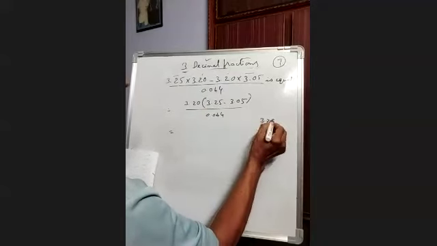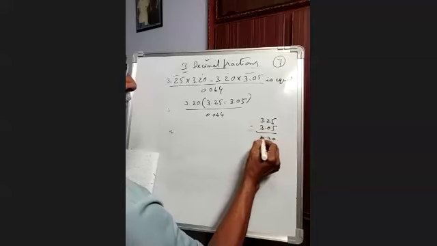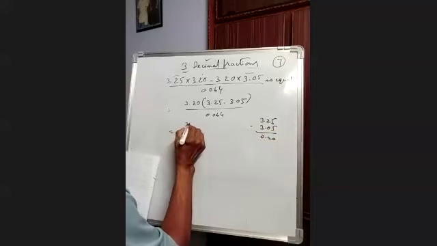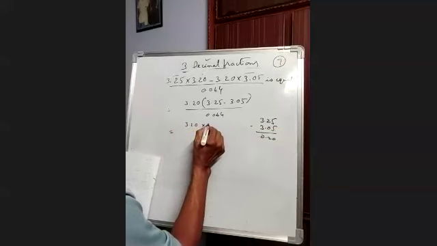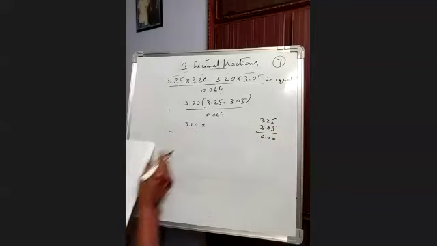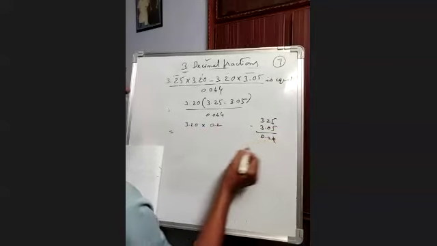By subtracting 3.25 minus 3.05, what will be the result? 0.20. 3.20 into 0.2, simply you can write 0.2. This 0 is not necessary.